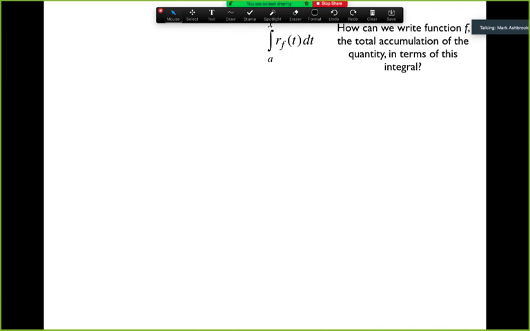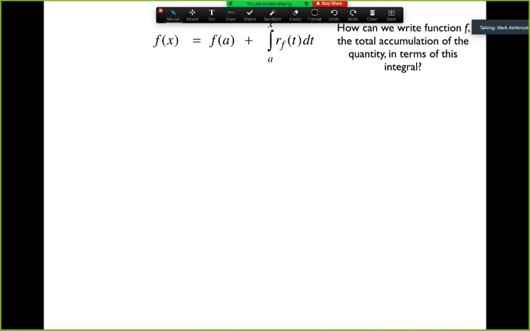Okay? So how about the total accumulation? What do we need to get? This is the net accumulation starting from a. What else do we need to have this function be the total accumulation? Initial. Yep, and we express that as f of a, right? So f of a would be like all the accumulation before a, from negative infinity up to a as a lump sum.